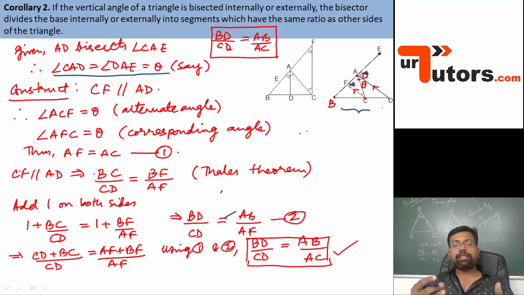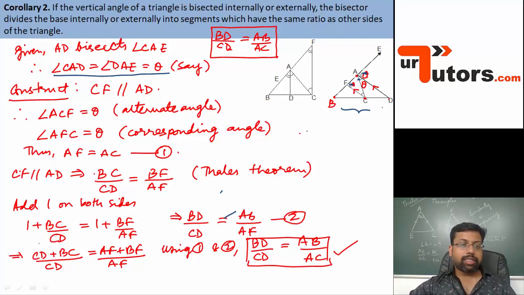Now it's given that CF is parallel to AD. We have constructed CF parallel to AD, which will imply from the Thales theorem that BC by CD is equal to BF by AF. Look closely at the figure. BC by CD will be equal to BF by AF if CF is parallel to AD. You add 1 on both sides of the equation. Once you add 1 on both sides and take LCM and take the sum, you get on the numerator side of the left hand side, CD plus BC, and on the right hand side you get AF plus BF.